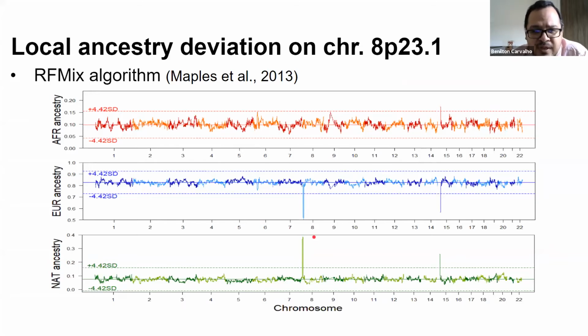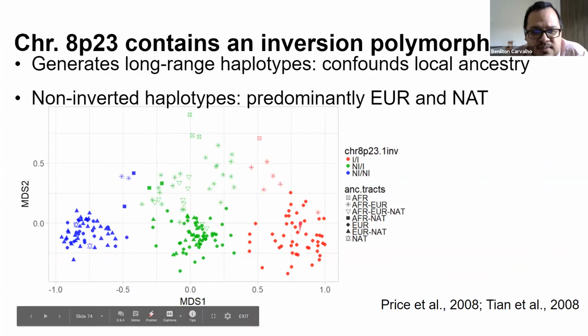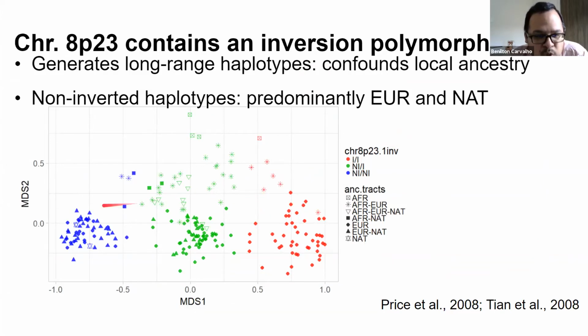So there is this one point of deviation on chromosome 8. We looked at it a little closer, looking at the specific genotypes, and we observed an inversion polymorphism in some of the subjects. In red are the inverted ones, and in blue are the non-inverted ones.